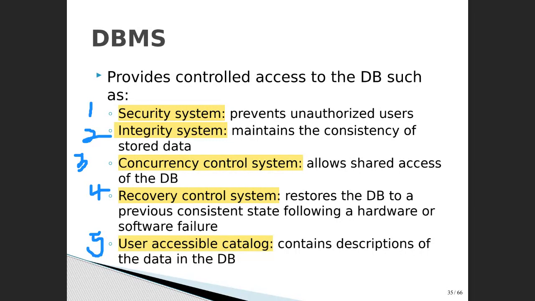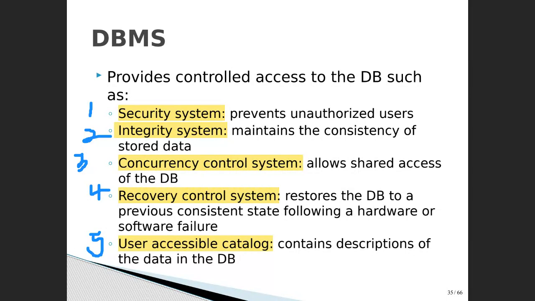In the database system, there will also be more description about data: everything about data, data type, data size, and even accessing the database entries. There will be all data descriptions or all data details. Anything about the data will be stored in something we call the user accessible catalog. And this also will be provided by the database management system.